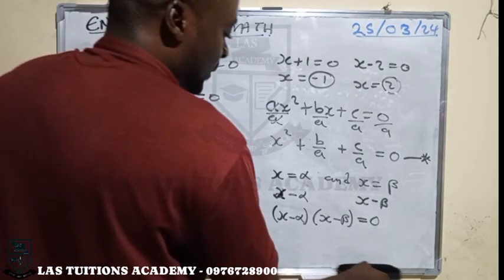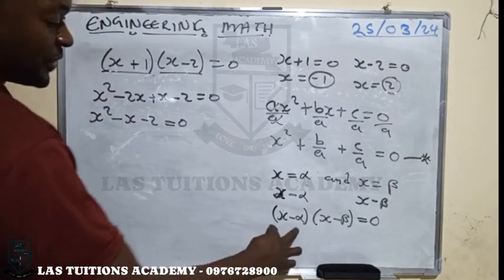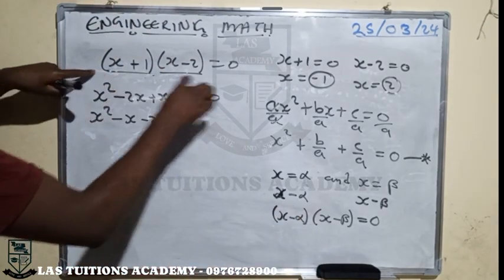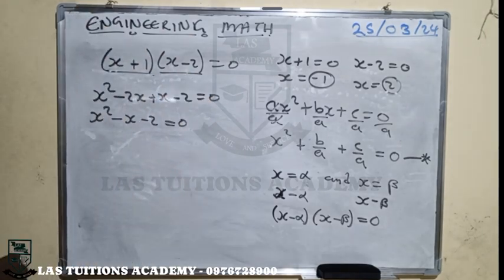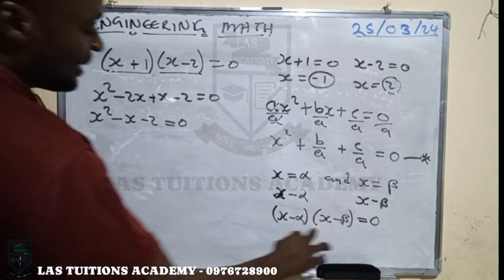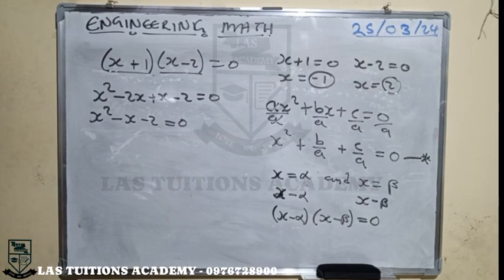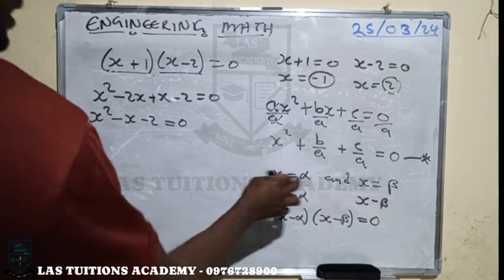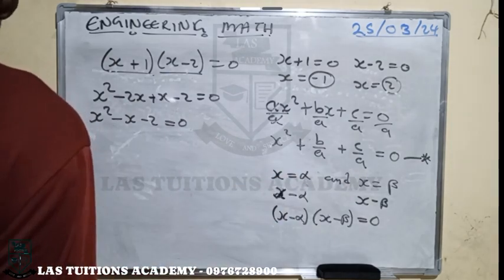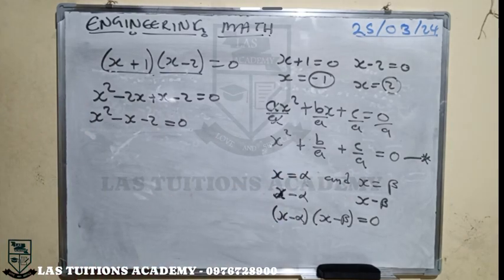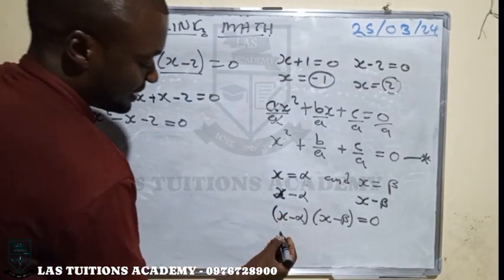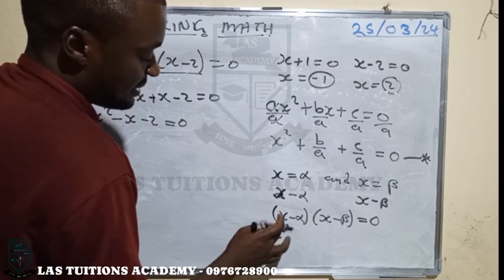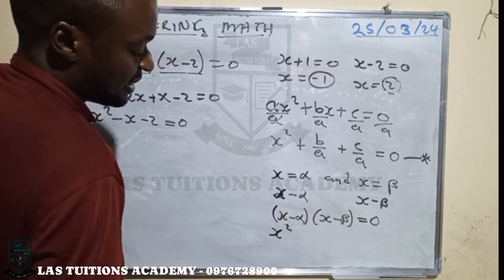So we need to expand here, just like the way we expanded here. So we know when we expand this, we are going to get the original equation, which has alpha and beta as the roots. So now when we expand here, we're going to get x times x, we get x squared. x times negative beta, we get negative x beta.